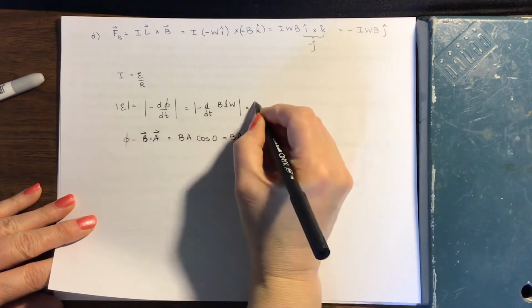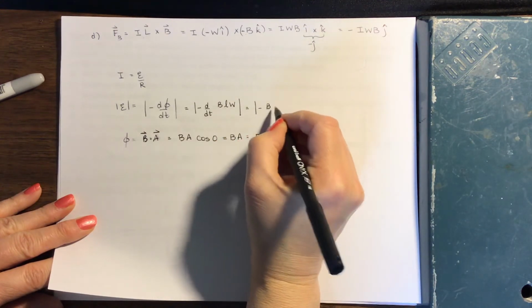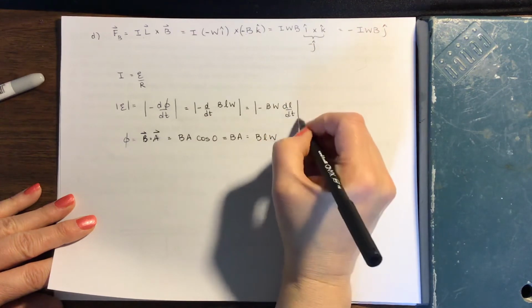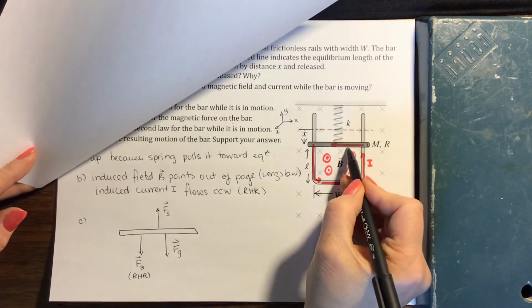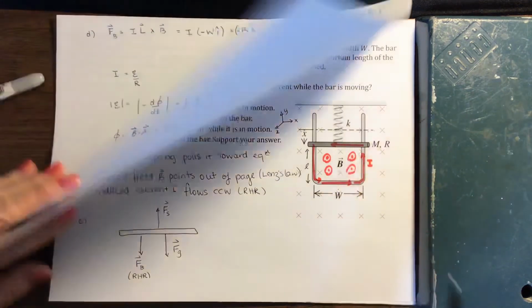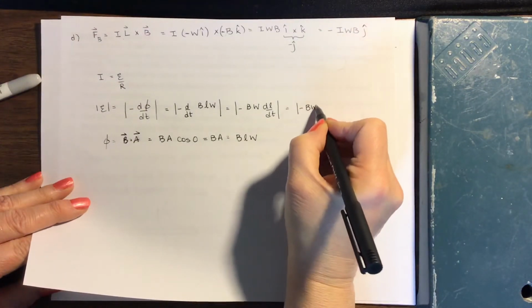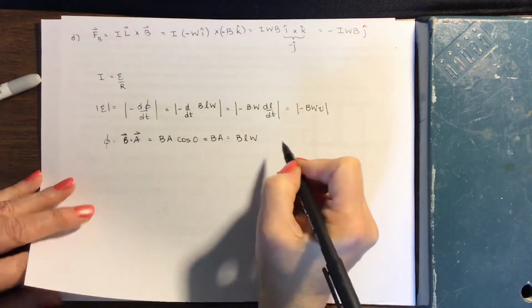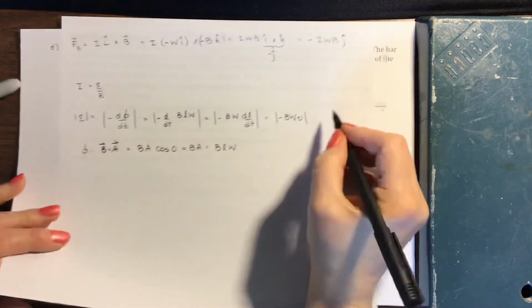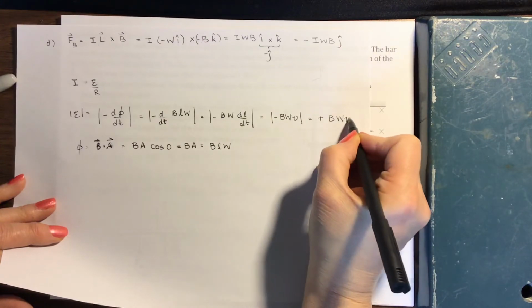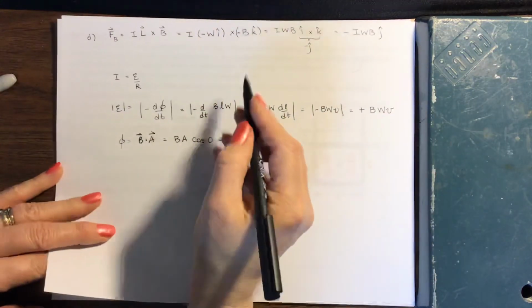Take the constants out front. Minus B and W are constant, dl by dt. dl by dt, that's the instantaneous velocity of that bar as it moves. B, W, V. So dl dt is just velocity. We're going to take the magnitude, so we've got plus B, W, V. Okay, come back to our current.